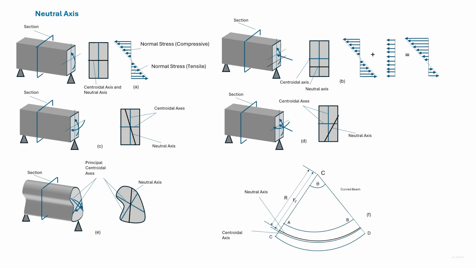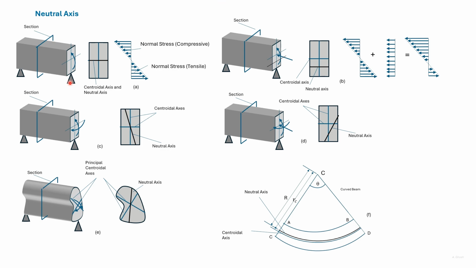We discuss the neutral axis for different cases here. The neutral axis has importance in bending, particularly with unsymmetric bending, as we have seen. It varies based on the loading and the geometry of the section. Also, it varies depending upon whether the beam is straight or curved.